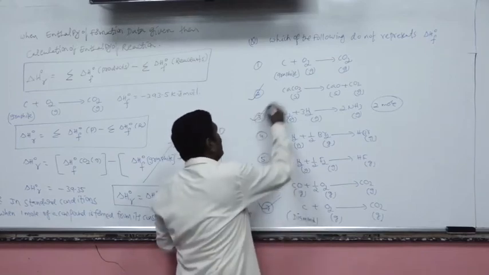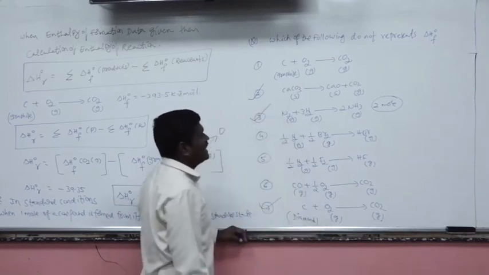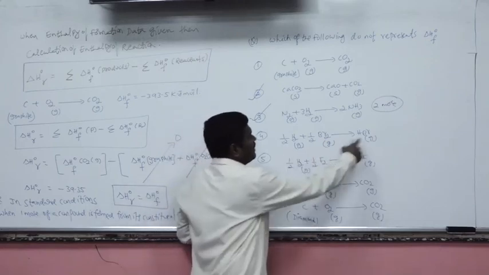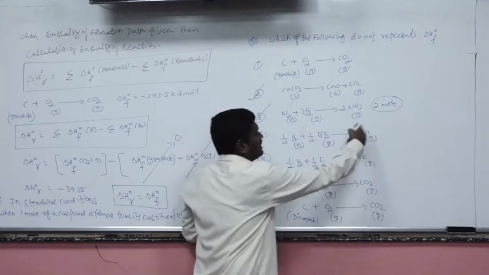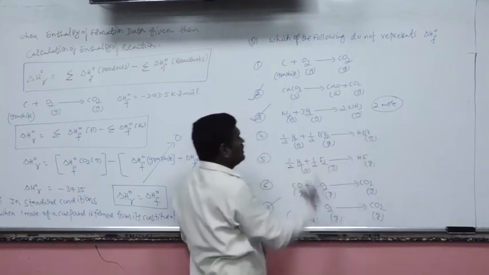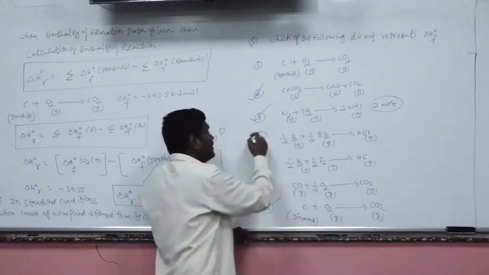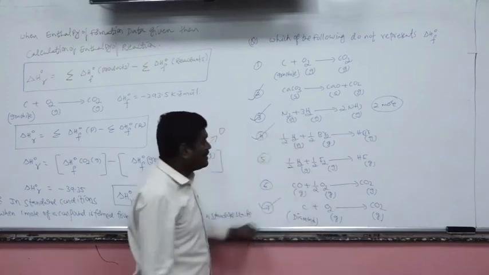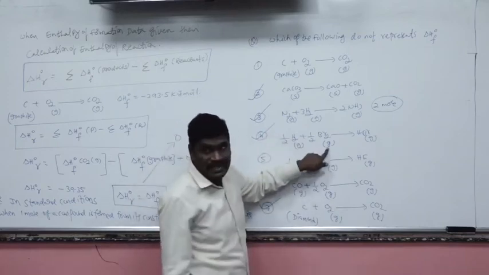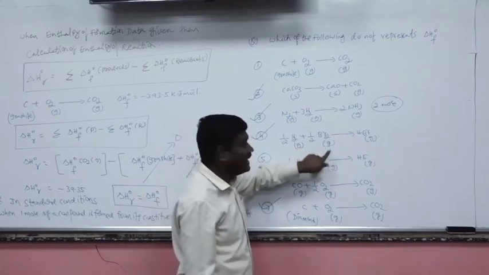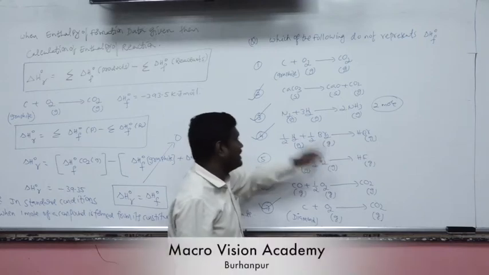This is also not representing the enthalpy of formation in standard condition. Now, hydrogen combined with bromine to give hydrogen bromide. How many moles of HBr are forming? 1 mole. So, the constituent elements are hydrogen and bromine. But it also does not correspond, because what is the standard state of bromine? Gas or liquid? Liquid, but here it is given as gas, so it is not the standard state.